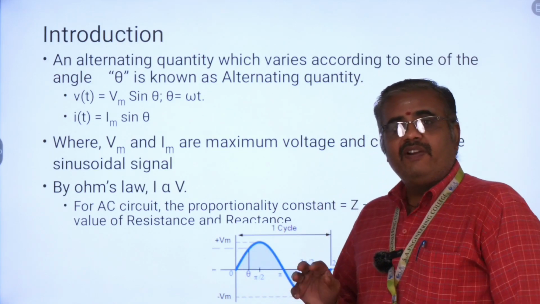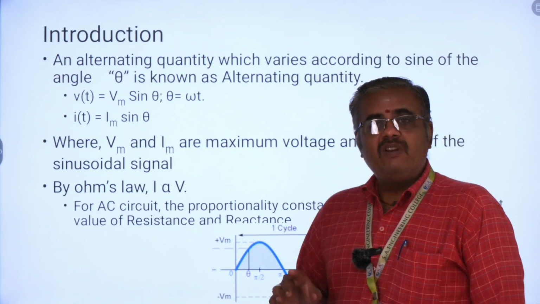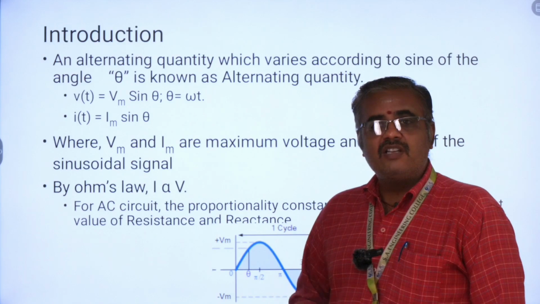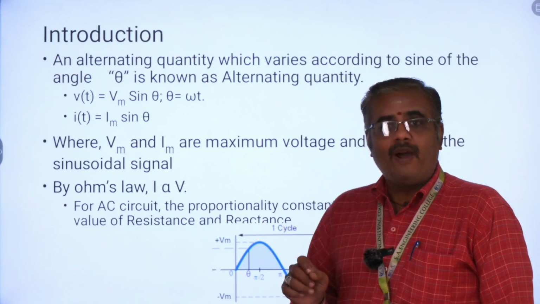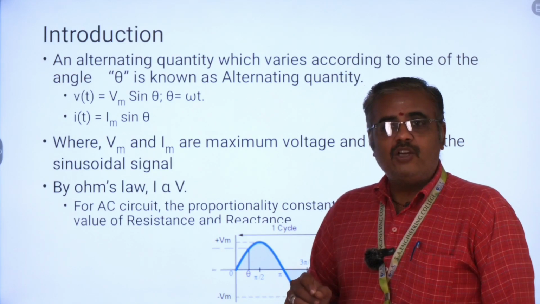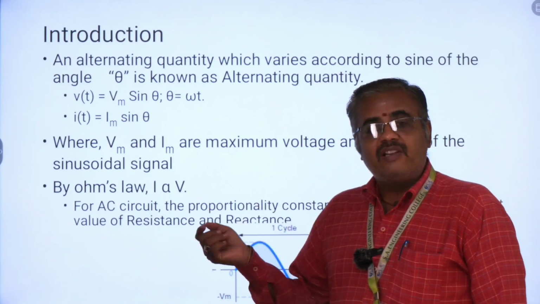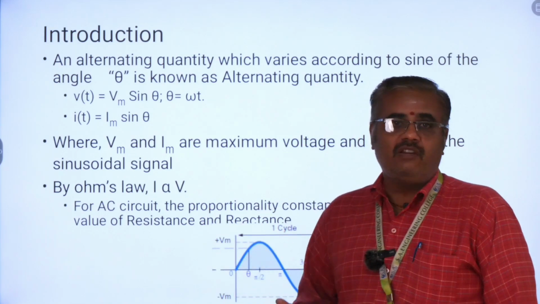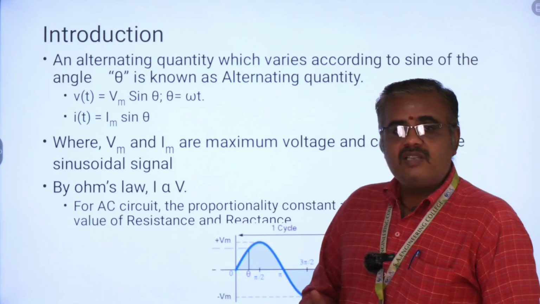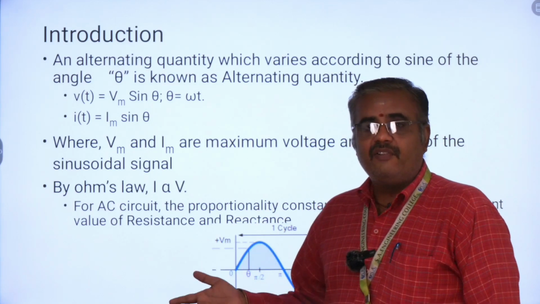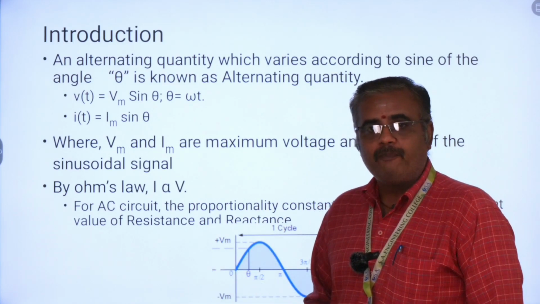Therefore impedance is the resultant value of resistance, which is the true and real value, and reactance, which is the imaginary value. That is what we need to conclude here.